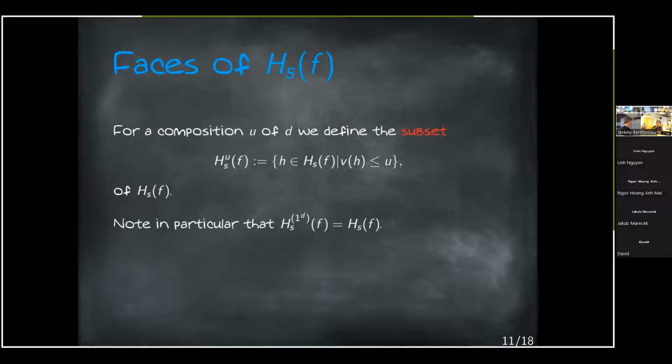In particular, the composition 1, 1, 1 is greater than every other composition. You can just put the appropriate plus signs wherever, and it gives you your composition. So the corresponding base is the whole set, which tracks with what we want.